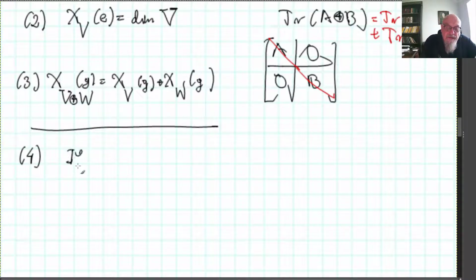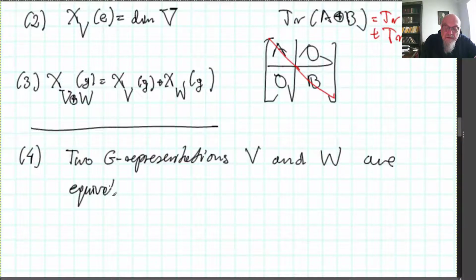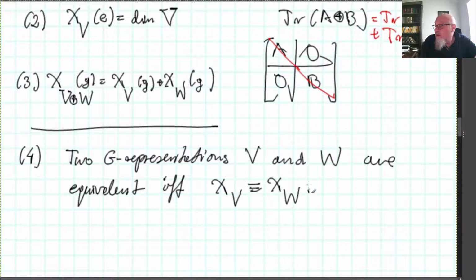You have the following: two G representations V and W are equivalent if and only if their characters are equal, identically exactly the same.